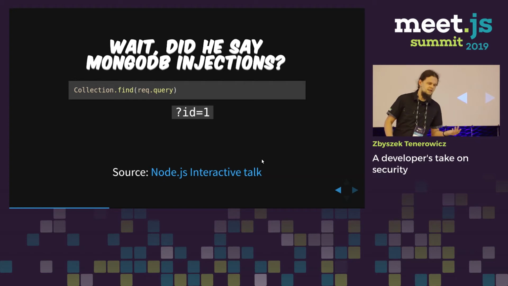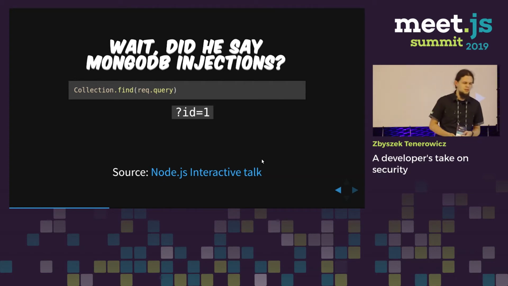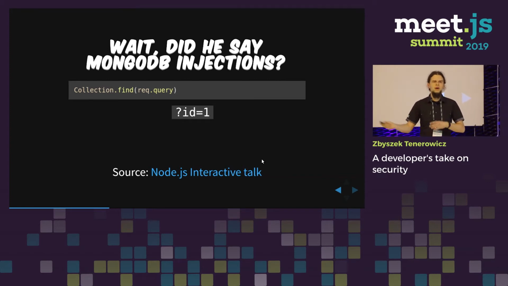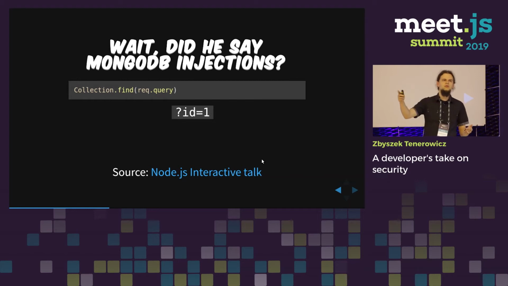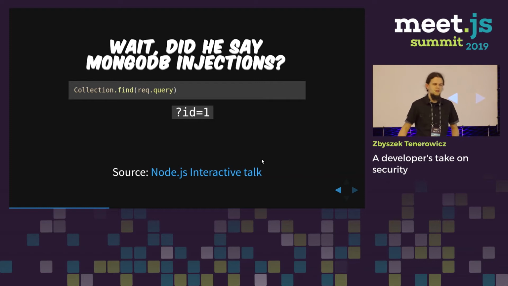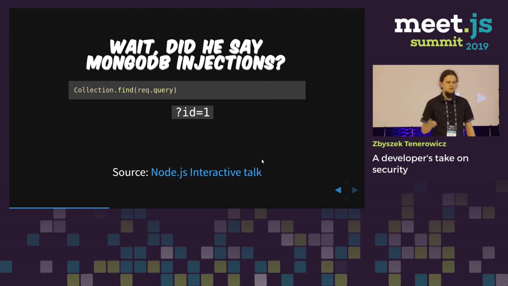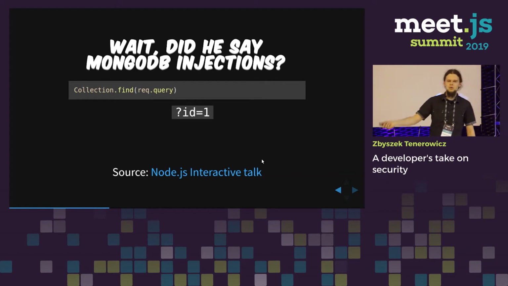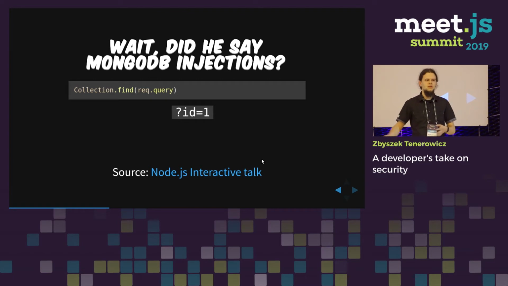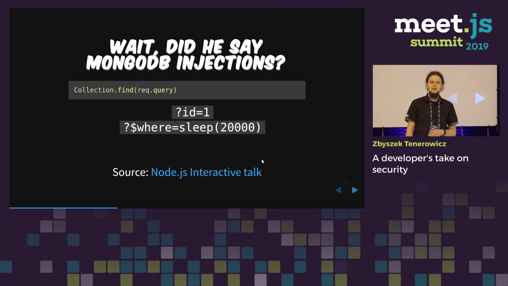I said you can do injections to MongoDB, so this is going to be the one that I'm going to show you. Imagine you have a collection and you do find on it and you pass something where the end user can control what the fields are. In this case, you just expect ID equals 1, it goes to the find query, and you get the first element. You can obviously skip stuff, so that would be a vulnerability potentially, but there's better stuff to do with it.